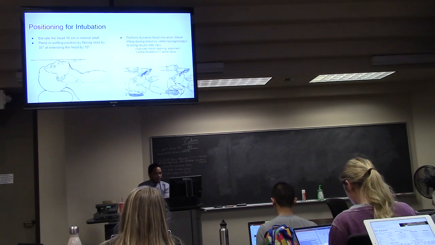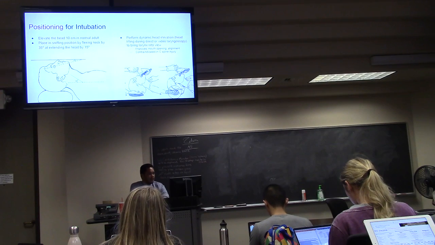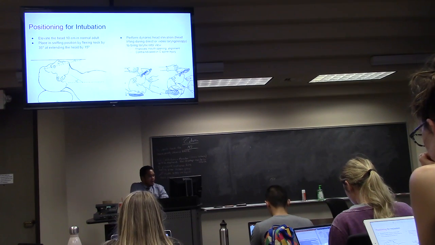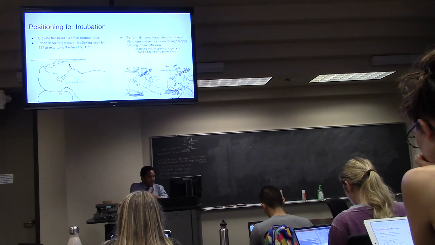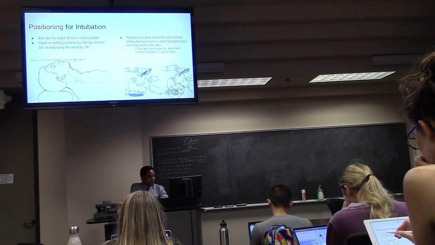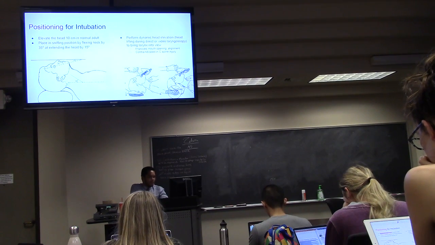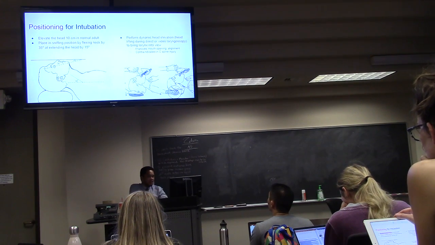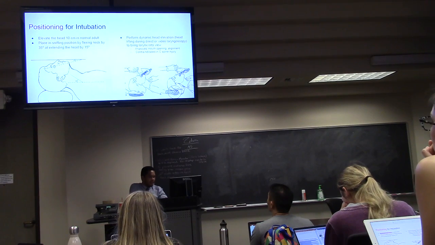So positioning. Really important in adults that they have at least 10 centimeters of padding in the back of their neck. This is what's called a sniffing position. Most of the time, I see people trying to intubate with the patient flat, and that's what happens whenever you're coding somebody. They're completely flat, and you're going to try to intubate, and you're not going to see the larynx.